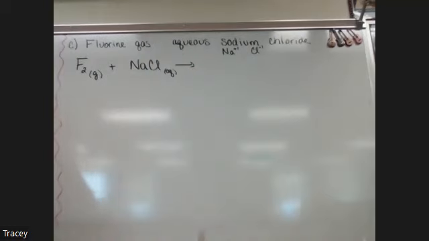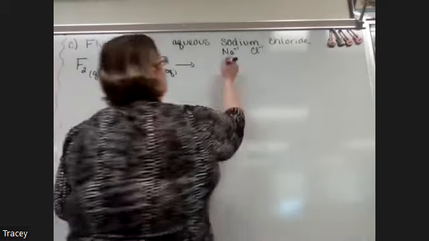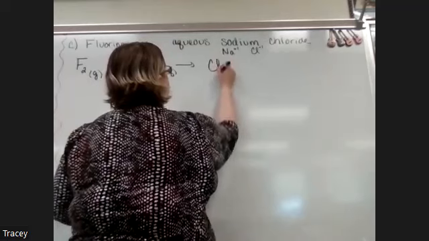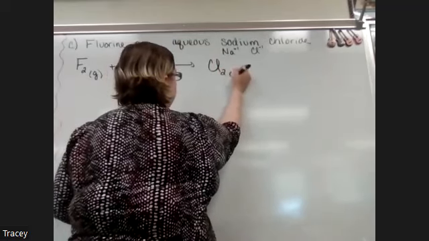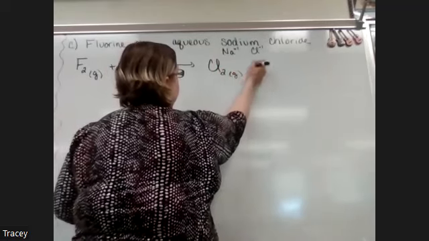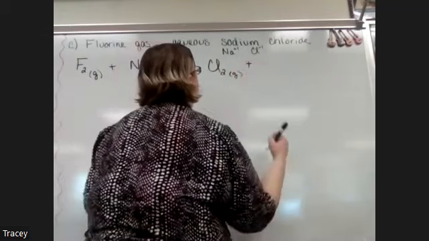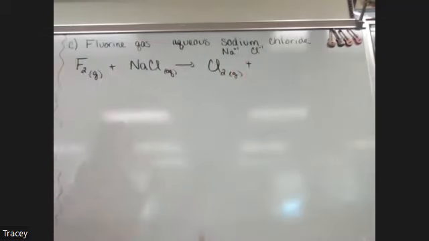So when you replace a non-metal, it's going to have a subscript of 2. So it's going to be Cl2, and it's a gas. I told you that when I introduced the blue sheet. And then we're going to have Na with that.